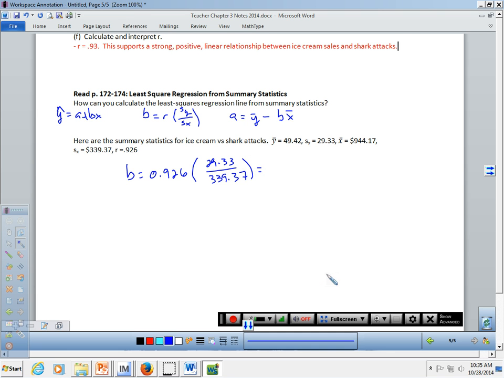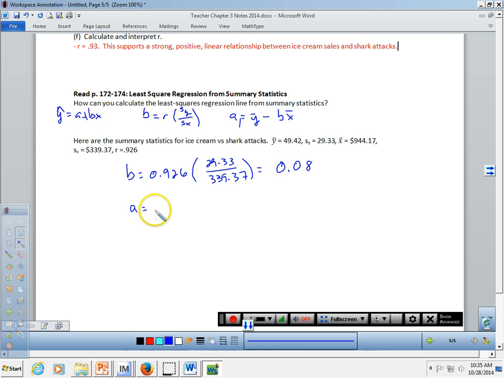Okay? When we do that, quick division here gets us 0.08. Hey, look at that. That's what we got when we did our analysis in our calculator.